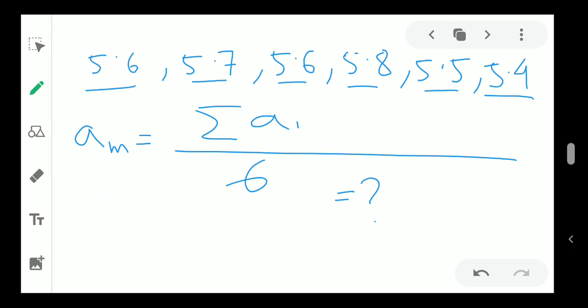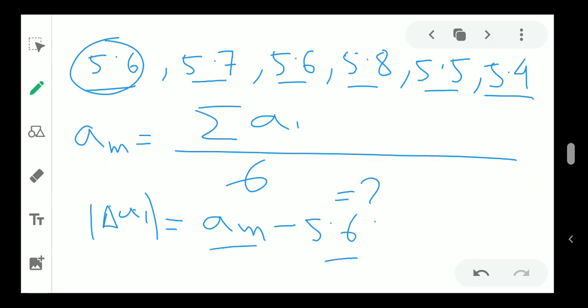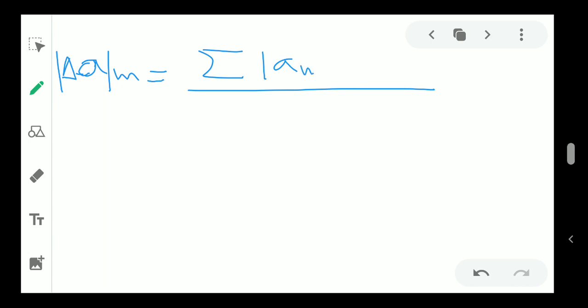Then you have to find individual absolute errors, that is your delta A1, and so on. For this one, you subtract that data from your mean value and you will get something. In this manner you will get all the absolute uncertainties. Then again you take the mean of all absolute uncertainties, that is the summation of all the delta uncertainties divided by how many.